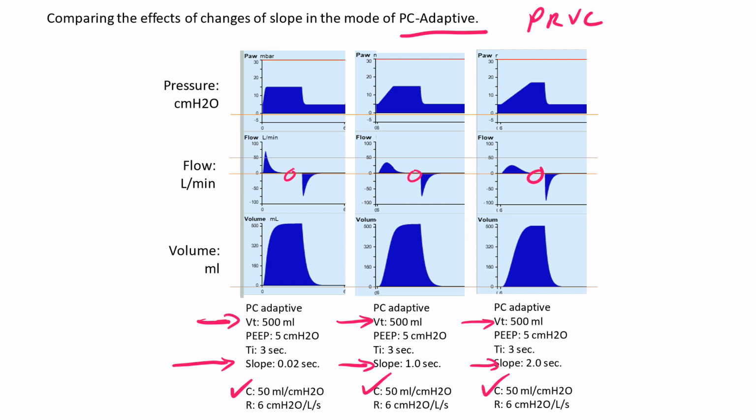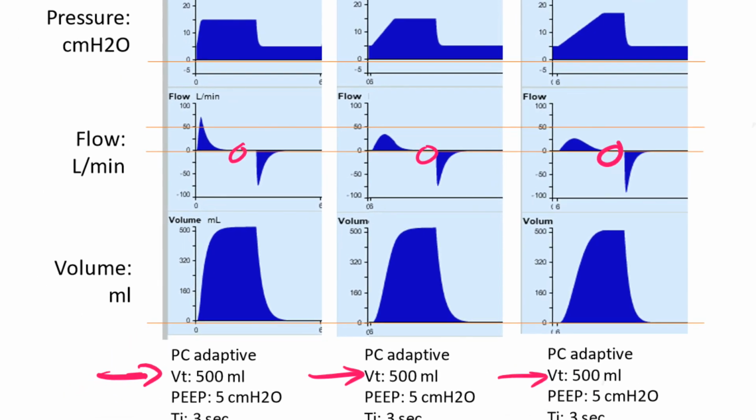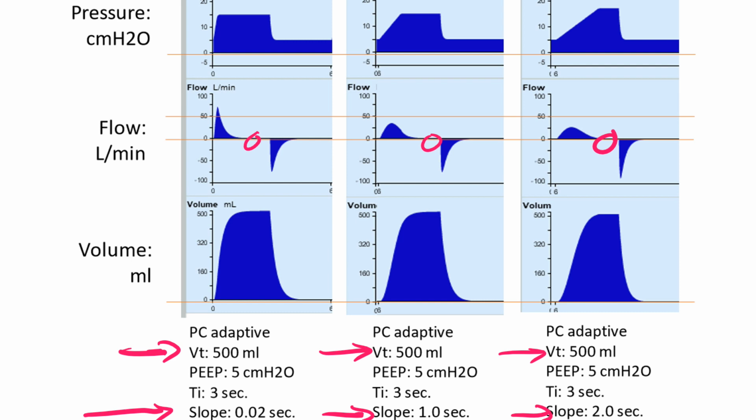So we can still get all the benefits of using a pressure control focused mode with a volume target and still limit our peak inspiratory flows, all right? As I increase the slope or induce more inspiratory resistance, we can dramatically decrease that peak inspiratory flow.